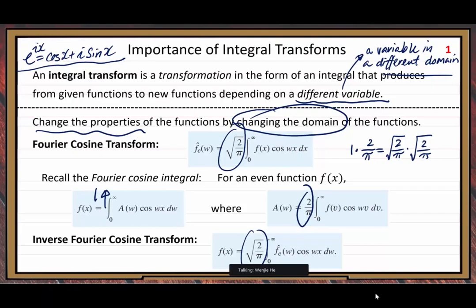The length is 1. That's a normalization step. If you get a vector that is not a unit vector, you can normalize it: you divide it by its length, so you make it a unit vector. The process is similar to that.